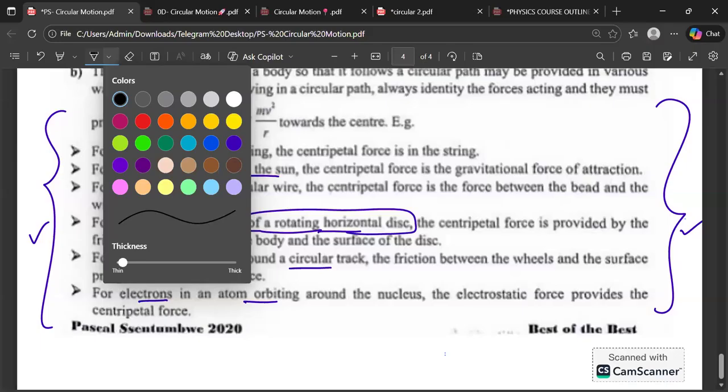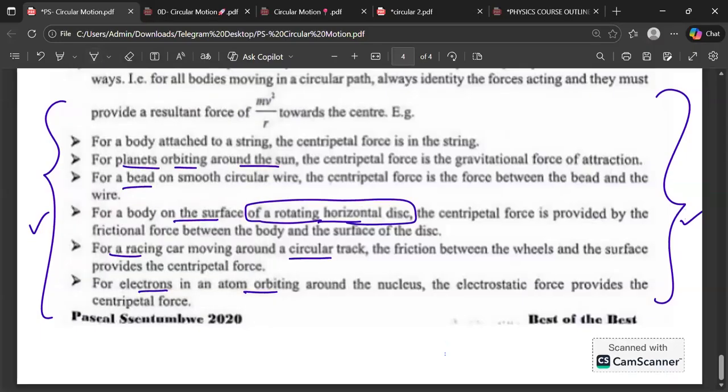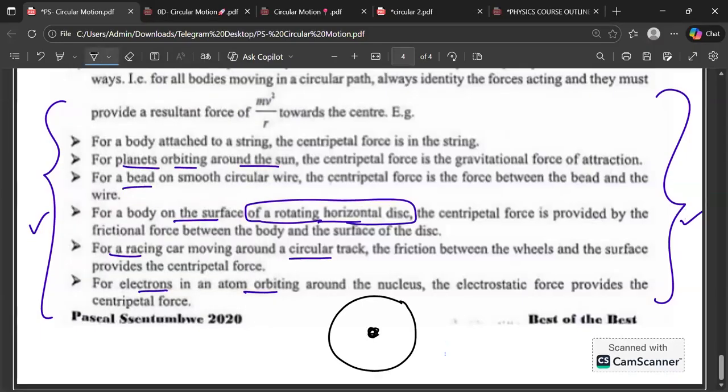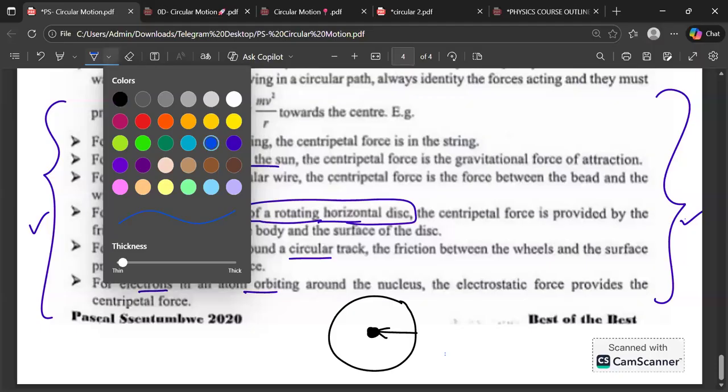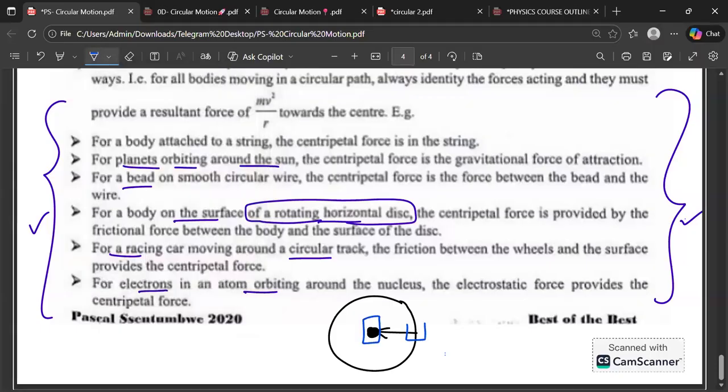But as I've told you, the centripetal force is always acting toward the center. So it can be the force of attraction between this point and this point. If it is the planets orbiting around the sun, the centripetal force can be the gravitational force of attraction between the two.